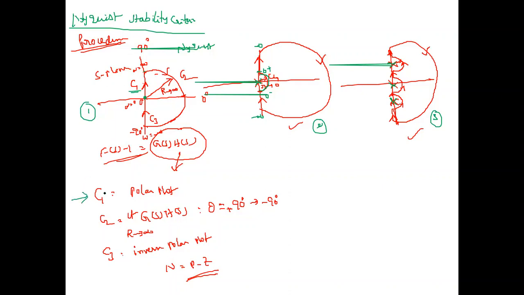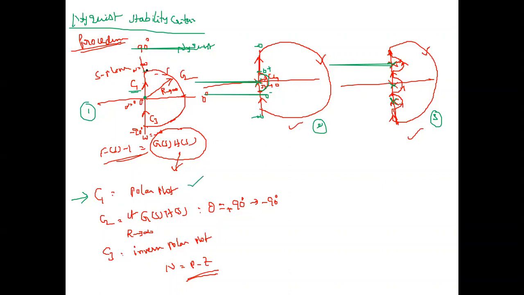In the polar plot also we find the stability, the magnitude and phase variation from omega equal to 0 to infinity. So C1 replicates the same thing. For the C1 contour, we should draw the polar plot.